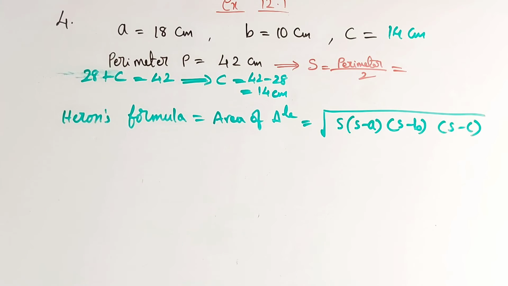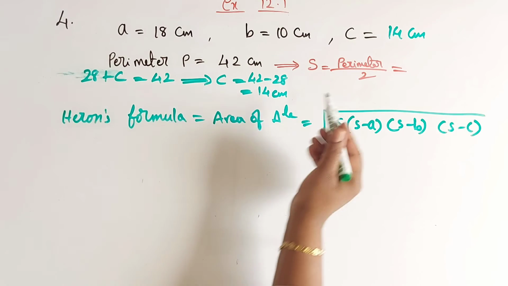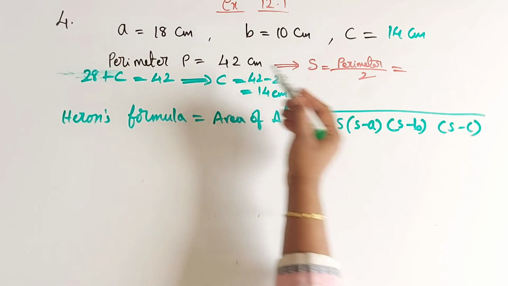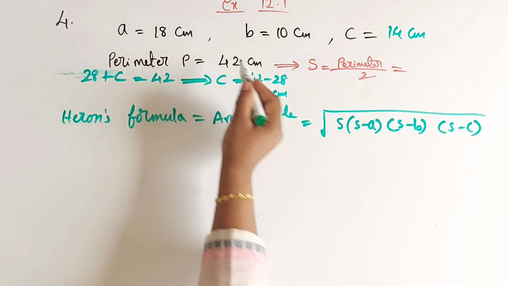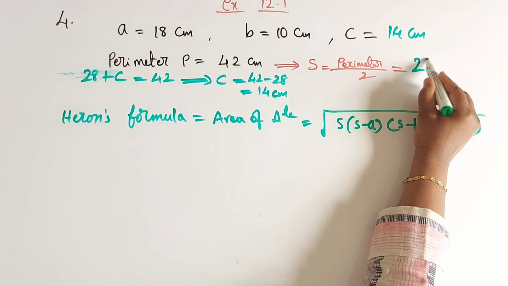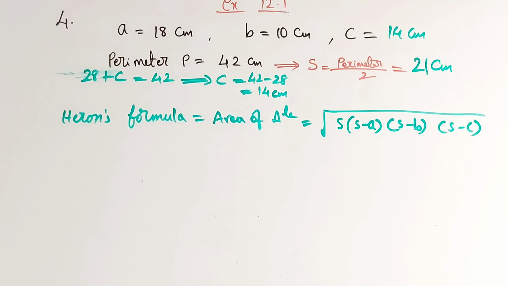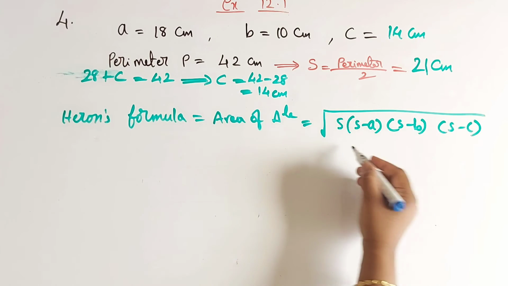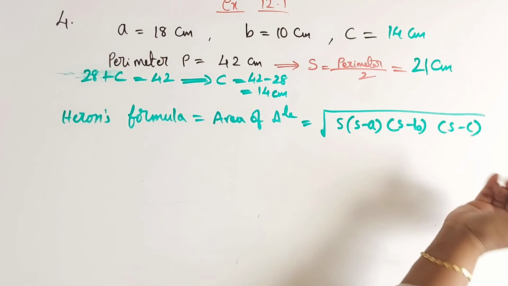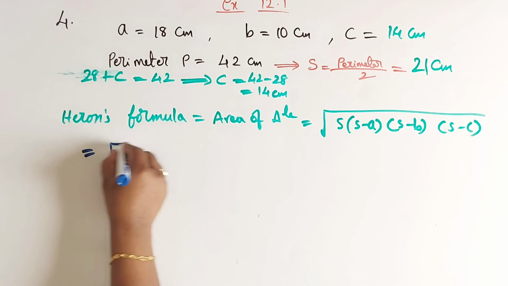Right. Now we know perimeter 42. What is semi-perimeter? S equals perimeter divided by 2. 42 by 2, children, that is 21 centimeters here. Now we know three sides and we know S. We can find out area by using Heron's formula, children, that is root of S into S minus A into S minus B into S minus C. Let's put the values here.